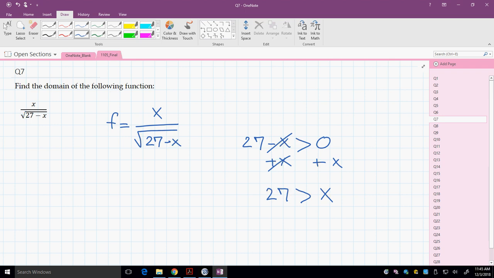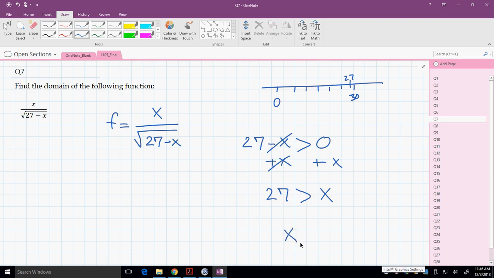How am I going to give that as an interval notation? I'm just going to think about the number line. We have 0 somewhere. Then we have 5, 10, 15, 20, 25, 30. We're going to say the 30 is here, so 27 should be somewhere around here.